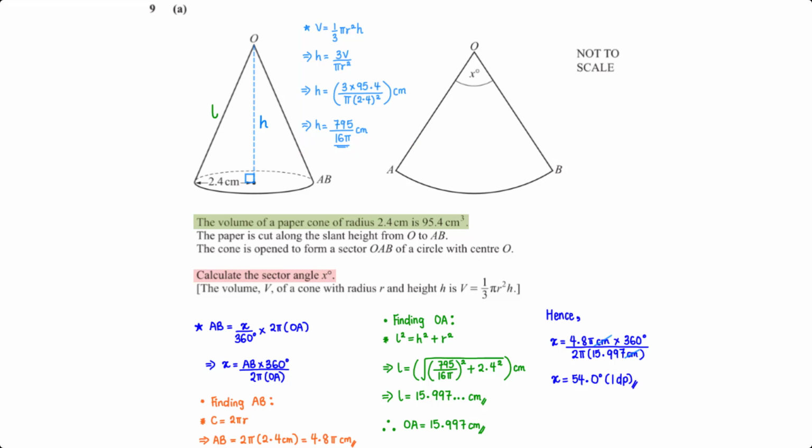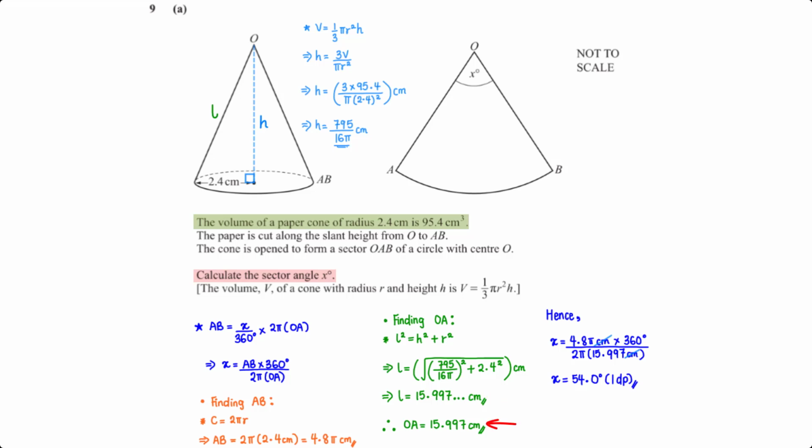Now that we know the height of the cone, we can find the slant height by applying the Pythagoras theorem. This gives us L squared equals h squared plus r squared. When we make L the subject and plug in the values of r and h, this is what we have. When we type this into the calculator, we get 15.997 centimeters.